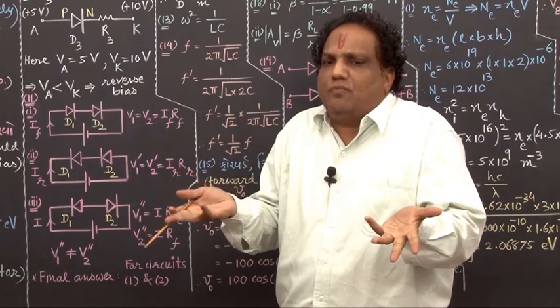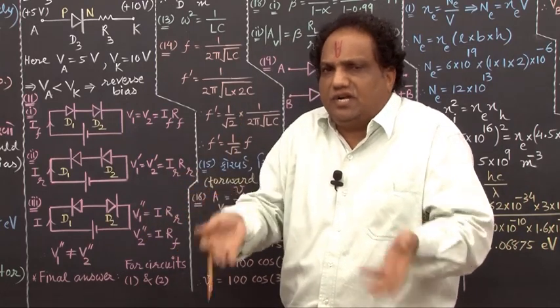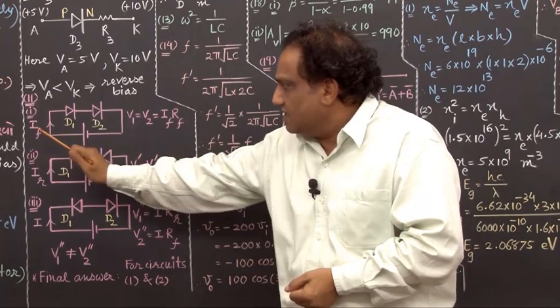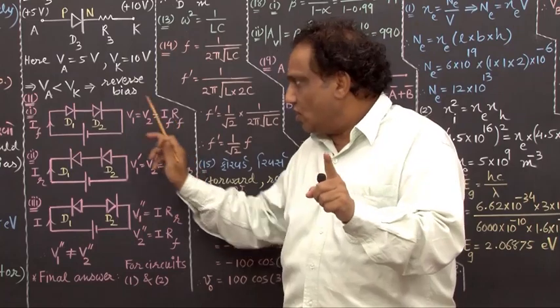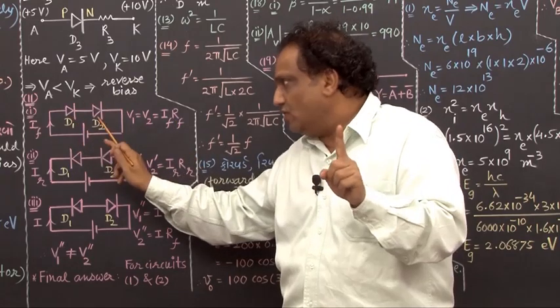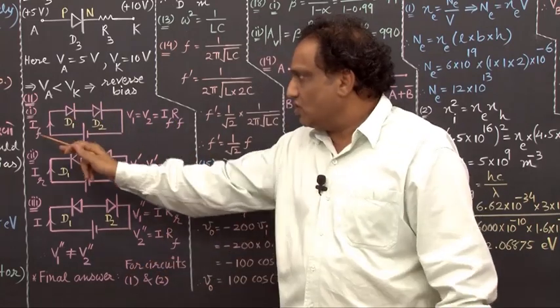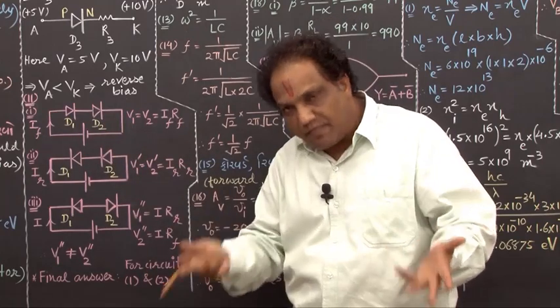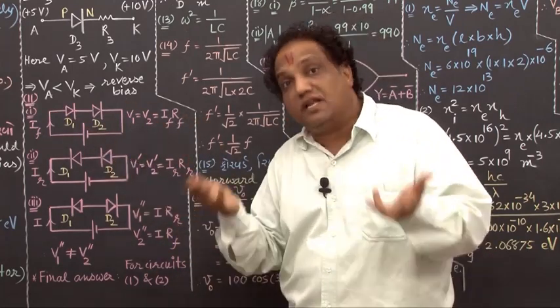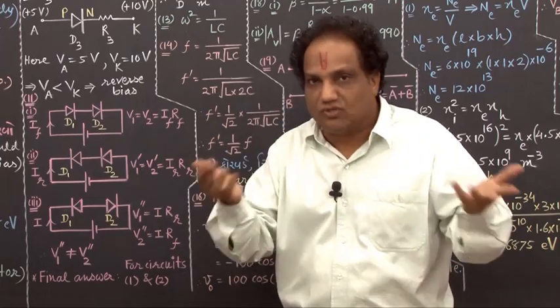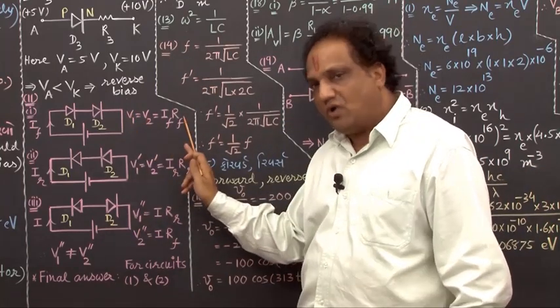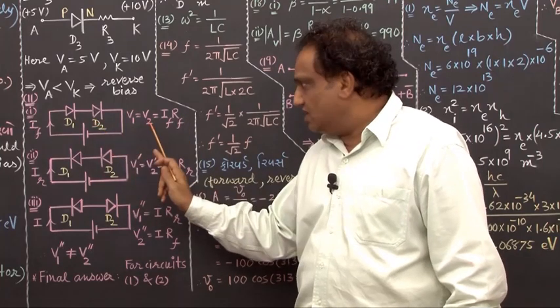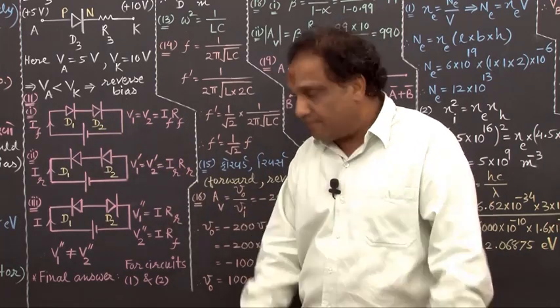What is the voltage drop or potential difference across any diode? It is current into resistance. Current is IF, resistance is RF. So IF into RF will give you voltage, not only across D1, across D2 also the voltage will be the same, because current passing through both the diodes is the same and both the diodes are identical. Their resistance in forward bias condition is also the same. So I mean to say V1 equals V2 equals IF into RF. So in this first circuit, these two voltages are equal.